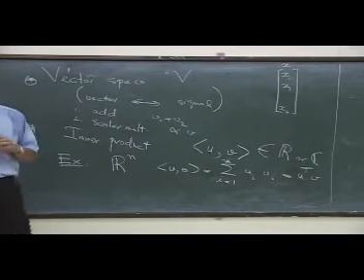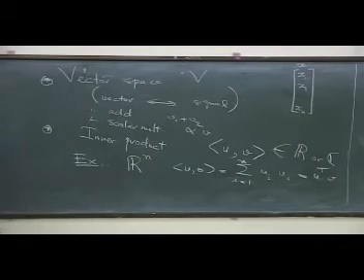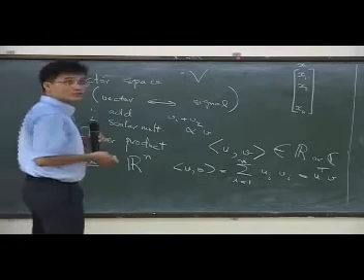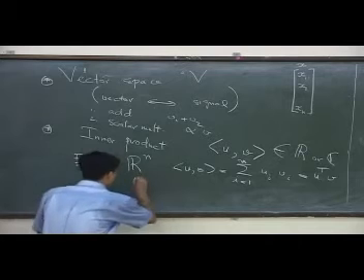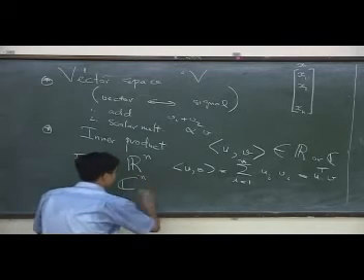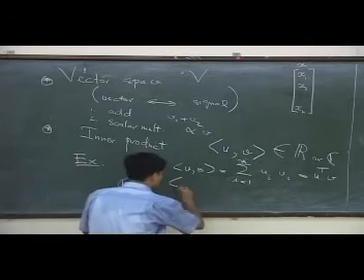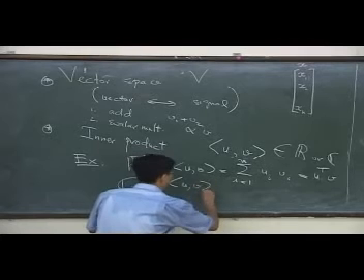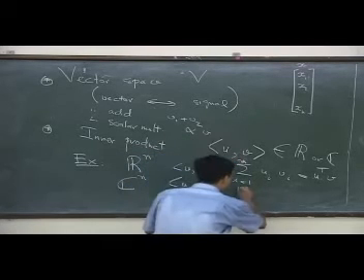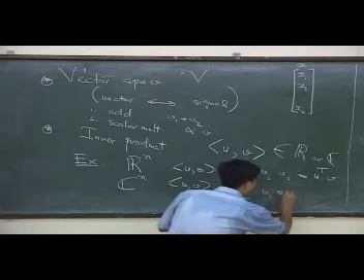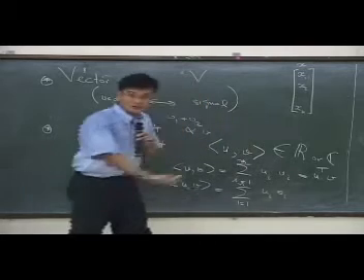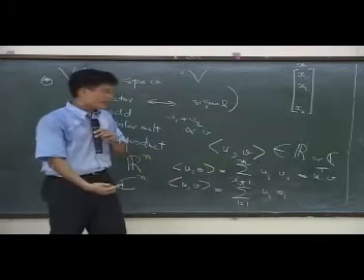Sometimes the signals we use, especially for the Fourier transform, are complex numbers. Then the inner product for complex numbers is defined slightly differently. I take the same summation, i from 1 to n of U_i V_i, but now I have to take the complex conjugate of one of them.